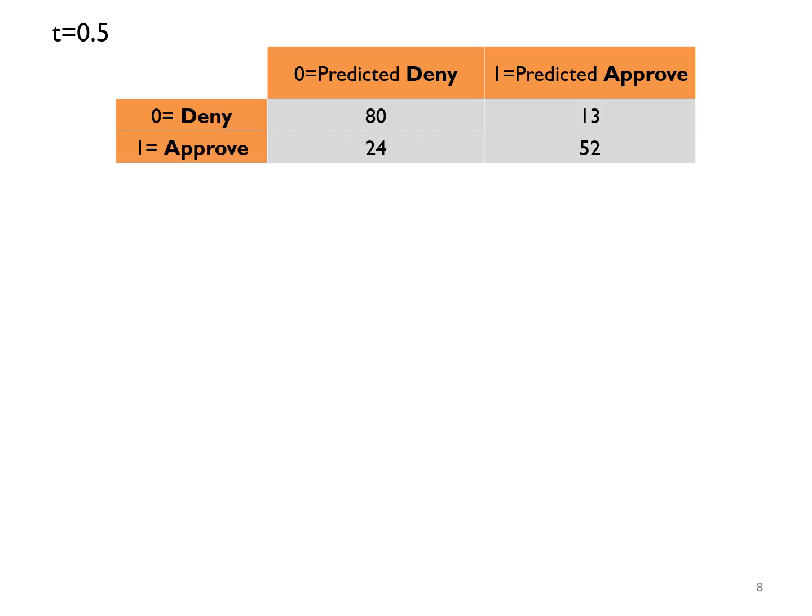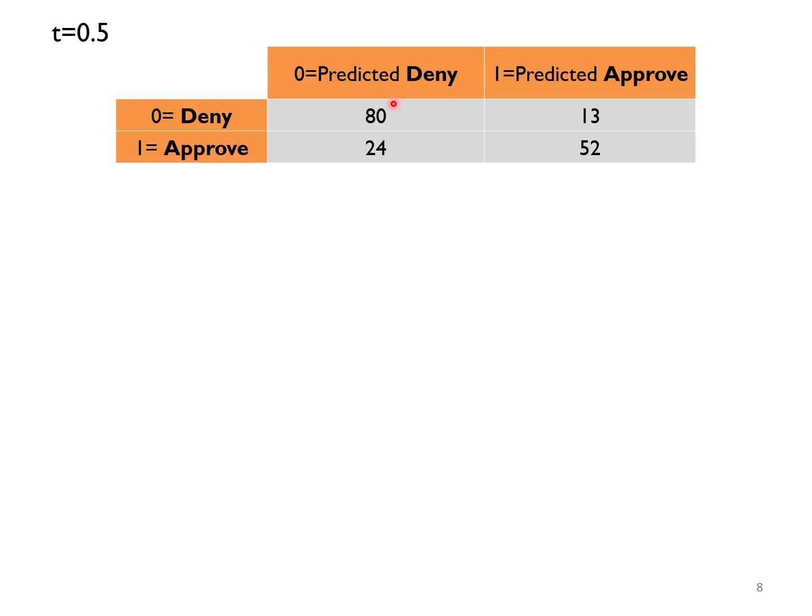This lists out all of the outcomes. The value in the lower right-hand corner is where my model predicted true and it was actually true. The 52 is the number of cases where my model predicted true and it was actually true. This 80 here is a value where my model predicted 0 or no. In this case, no means deny, yes means approve. The 80 is the number of cases where my model predicted 0, and it was actually 0 in the real data.